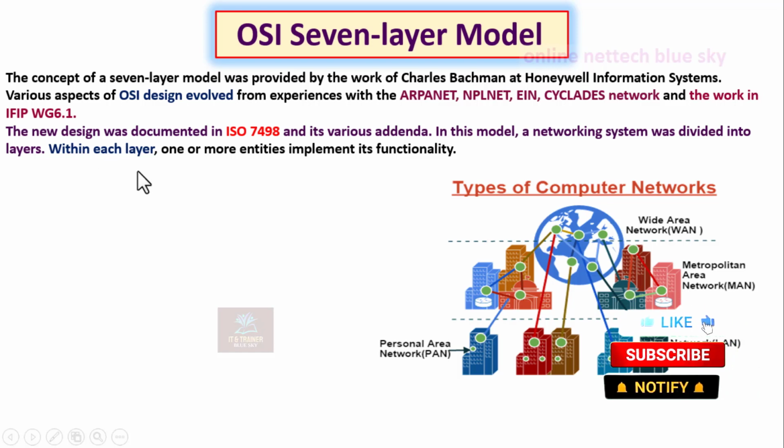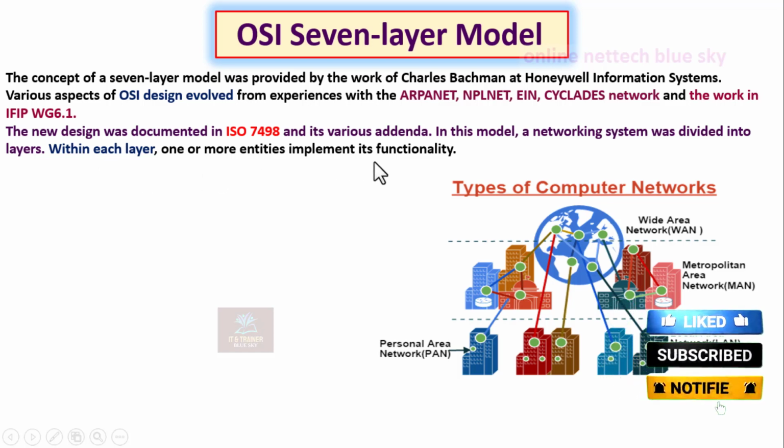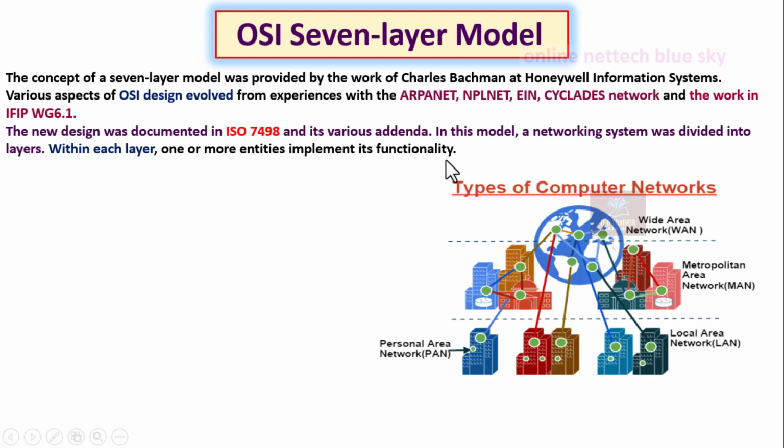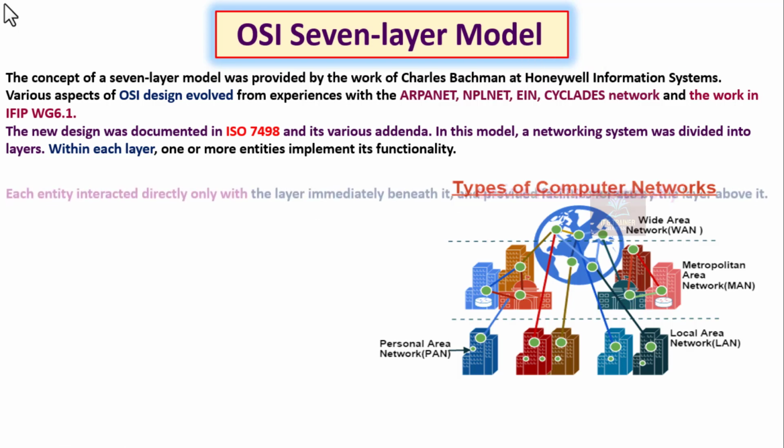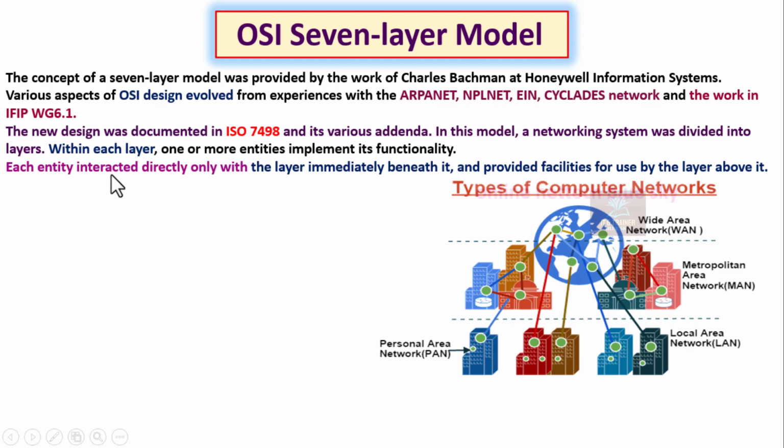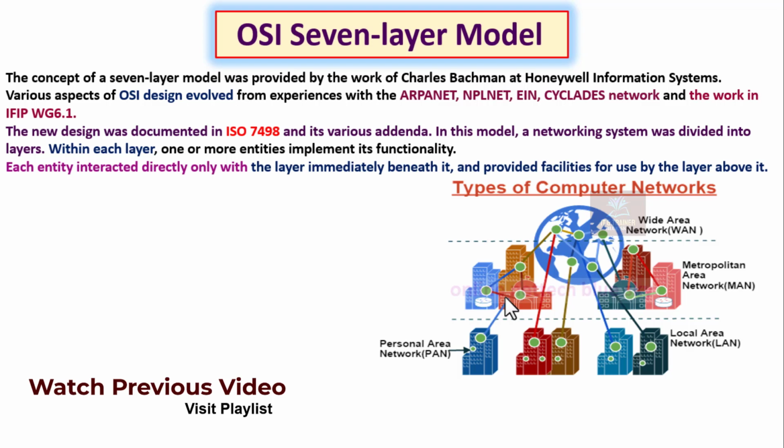Within each layer, there are one or more implementations of each functionality. Understanding each implementation's functionality is very good for learning the OSI 7-layer model. Each layer interacts directly only with the layer immediately beneath it, and provides facilities for use by the layer above it.